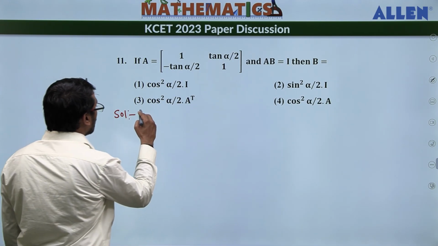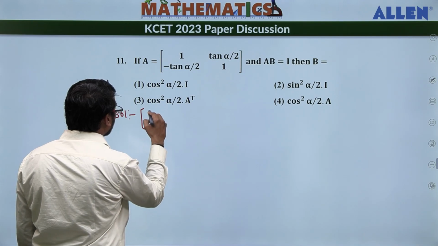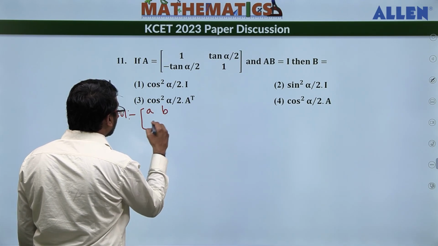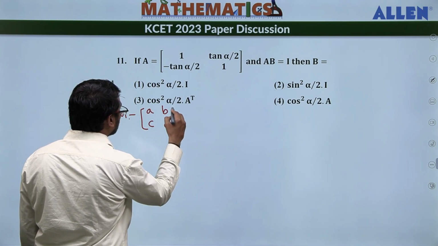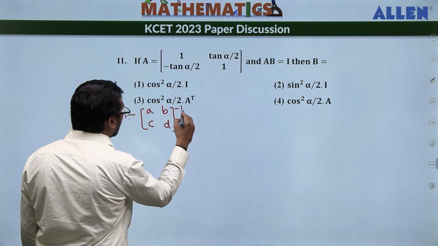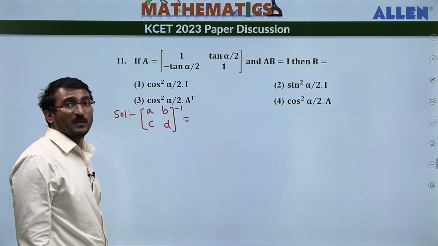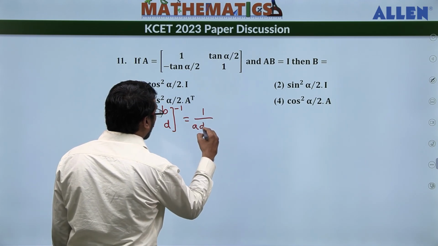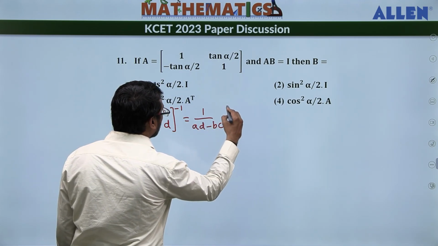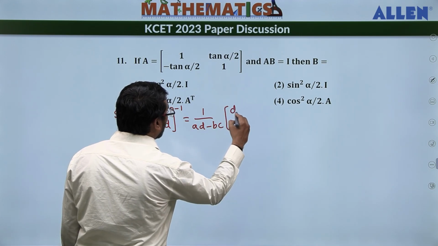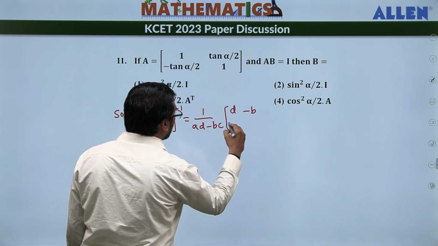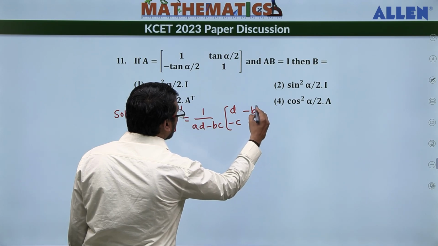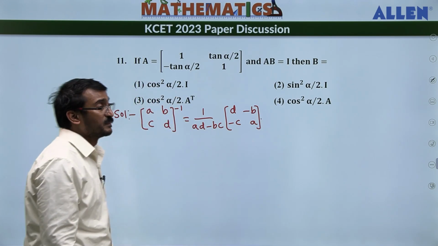So, what is the inverse of this one? Inverse of [[a, b], [c, d]] is 1 by (AD minus BC) times [[d, minus b], [minus c, a]].